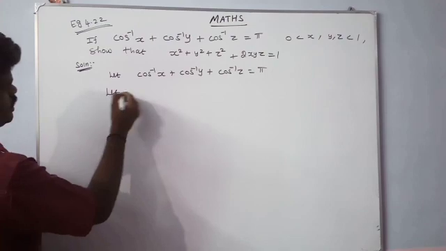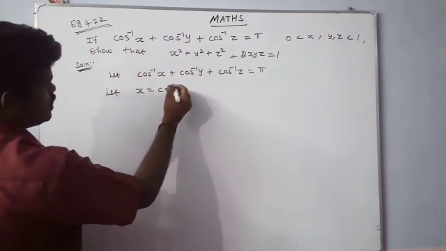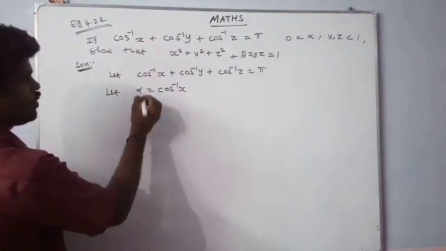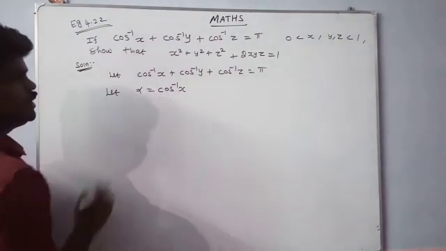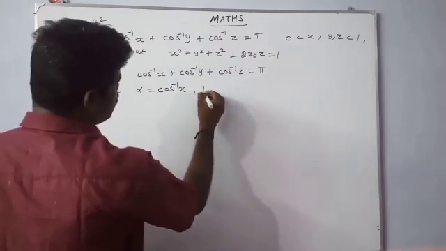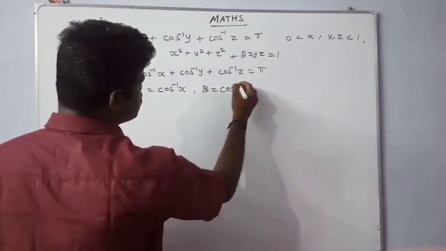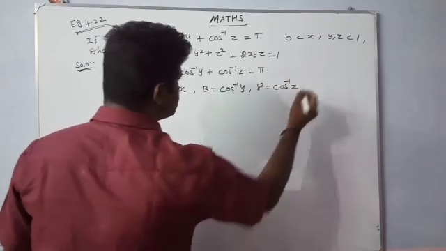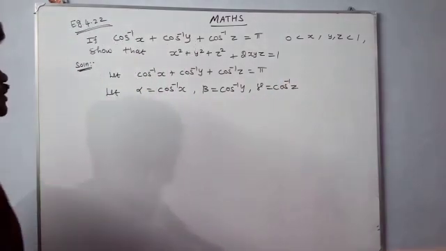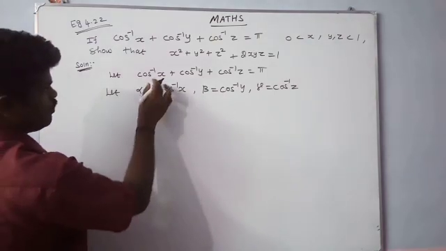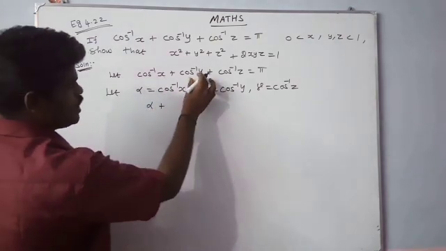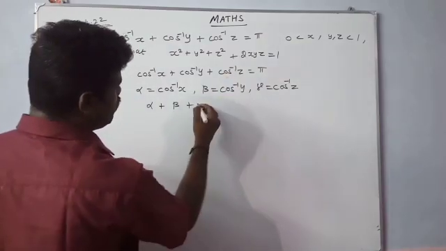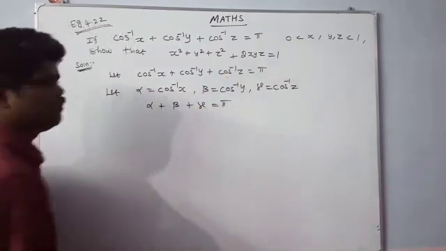And let us take alpha equal to cos inverse x, beta equal to cos inverse y, gamma equal to cos inverse z. Now we apply this value. Cos inverse x is alpha plus cos inverse y is beta plus cos inverse z is gamma, equal to pi.